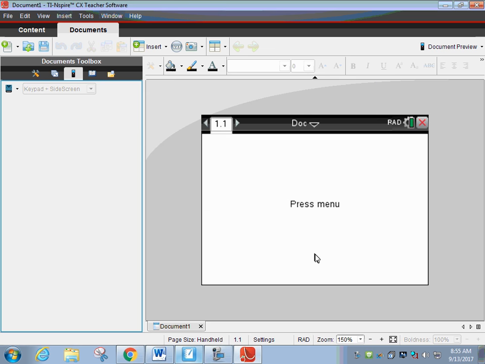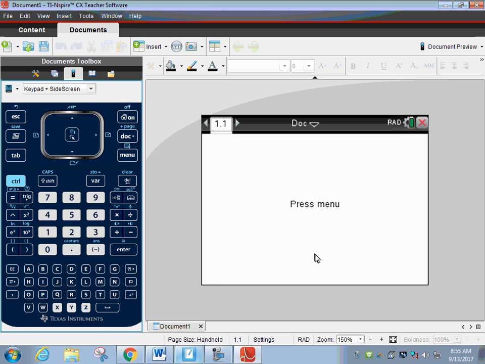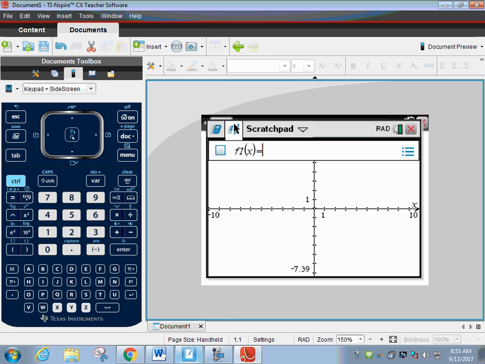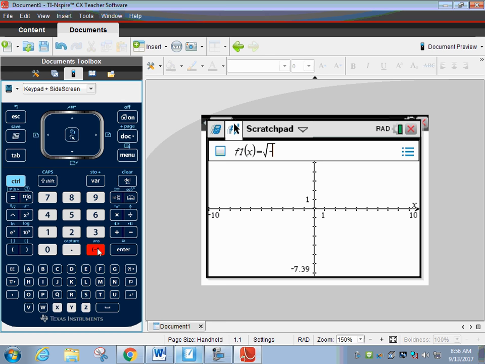All right, so I'm going to go to the graphing menu and give myself the function square root of negative x squared plus 2x plus 3. Is that correct? Or is it minus 3? Yeah, plus 3.